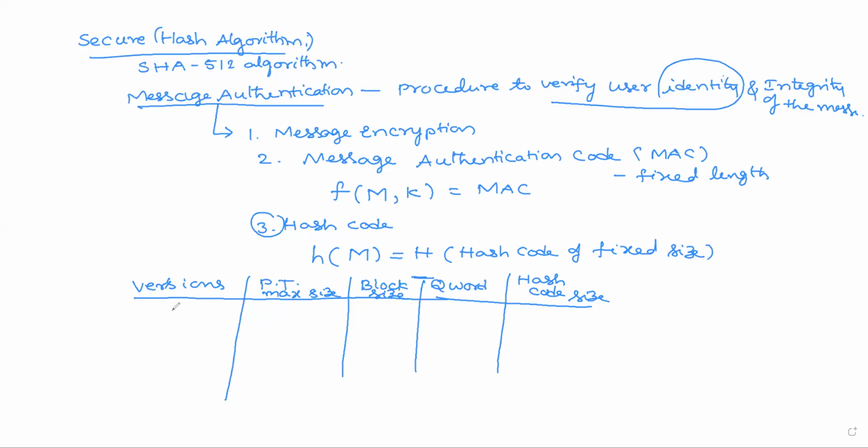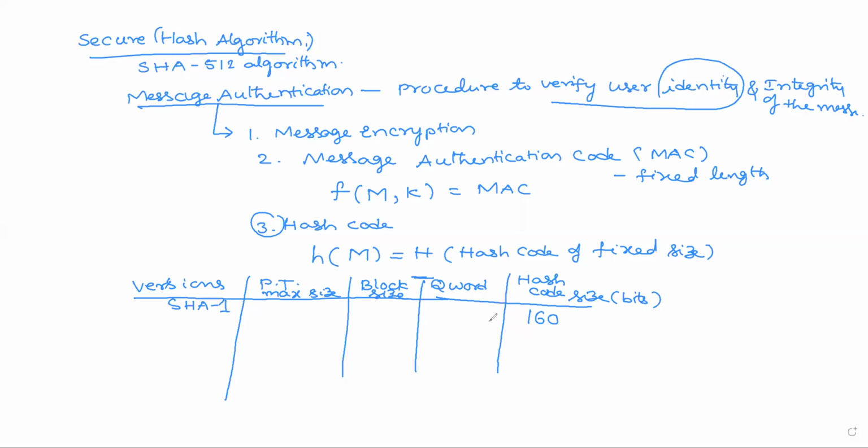What are the versions here? We are getting these versions based on the size of the hash code that the algorithm is generating. This is in terms of bits we are saying. If it is 160-bit hash code, this is nothing but SHA-1 algorithm.